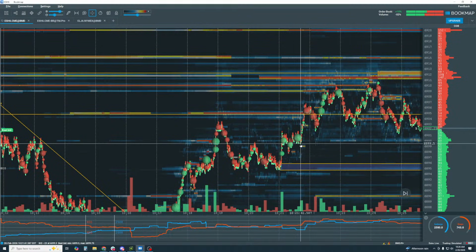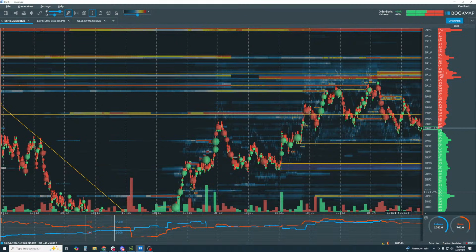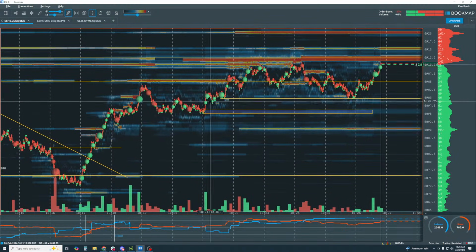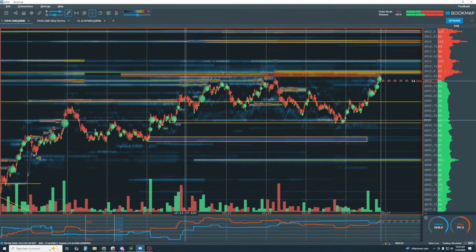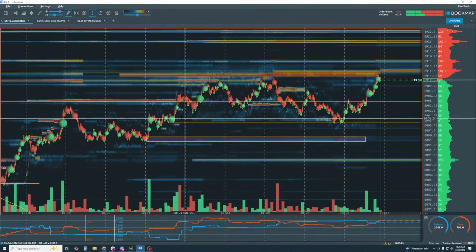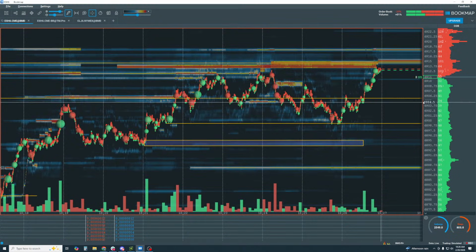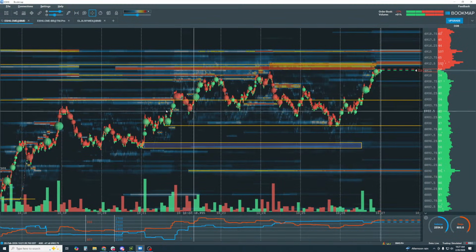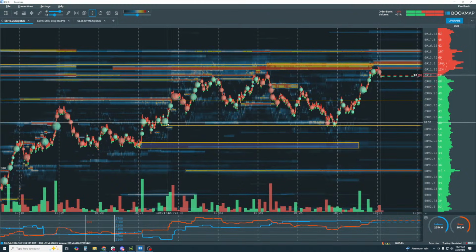So maybe we should have marked this one up and said, this is where we're going to look for a reaction from some footprint traders. So you see how we're starting to go through these scenarios in here, and starting to understand the order flow at these areas. So it's important to go through and start to try to be objective about these things.